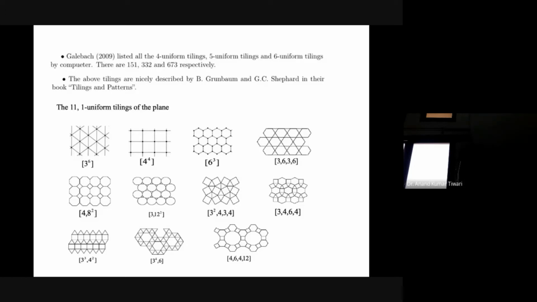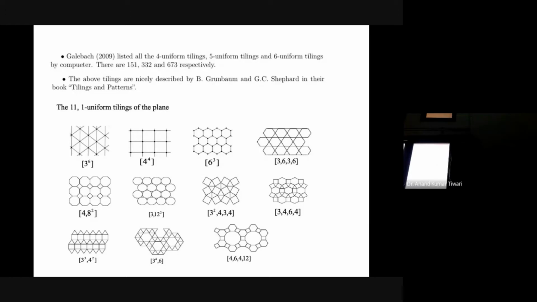Later, with the help of computer programming, Galebach listed all the 4-uniform, 5-uniform, and 6-uniform tilings, and these number 151, 332, and 673 respectively. So a natural question arises: what about K-uniform tilings for K greater than or equal to 7? For 4-uniform, 5-uniform and 6-uniform tilings, the computation becomes very hectic.